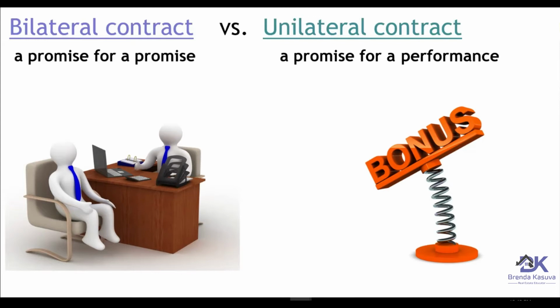That's a unilateral contract. It's one-sided because your boss made this announcement. However, the only person who's going to get that $3,000 is the one that does everything on that checklist. If no one does all of these things, then your boss doesn't give out the $3,000.